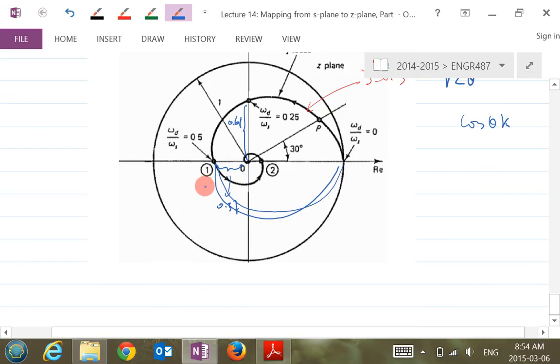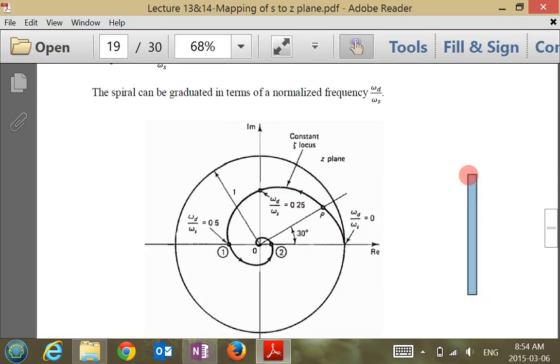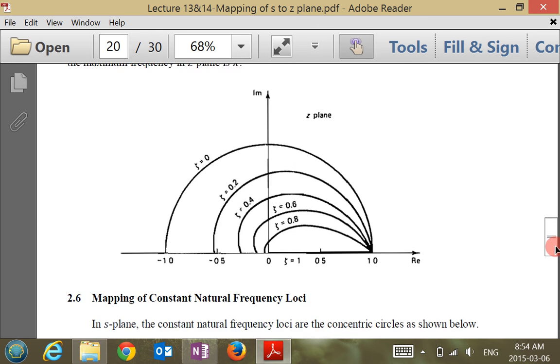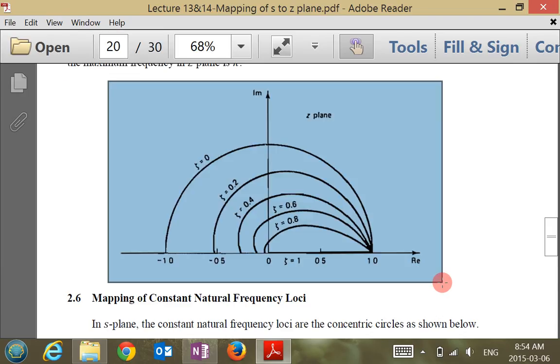So naturally, I don't want just one, I want a whole bunch of lines here. If I want a whole bunch of lines, this is what you're going to get: this cluster of constant damping ratio curves after the mapping.